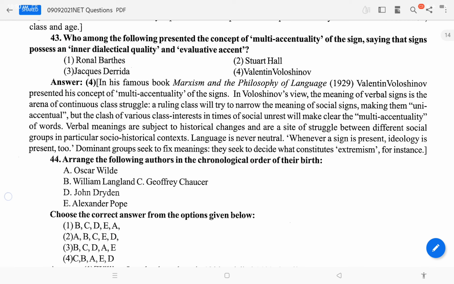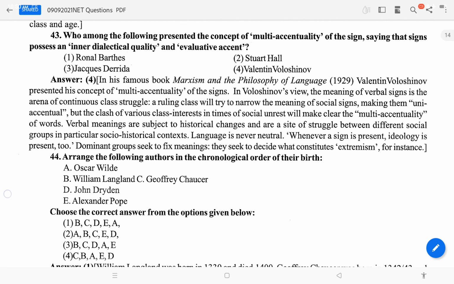Who among the following proposed the concept of multi-accentuality of the sign, saying that the sign possesses an inner dialectical quality and evaluative accent? Answer will be 4, Valentin Volosinov. In his famous book Marxism and the Philosophy of Language, 1929, Valentin Volosinov presents his concept of multi-accentuality of the sign.